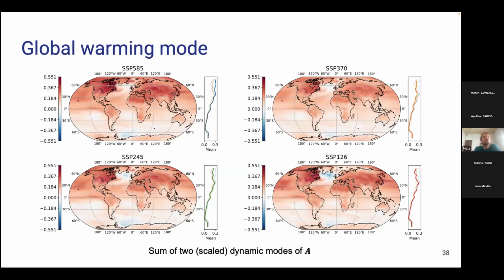Here we're looking at the global warming mode. What ends up happening here is that you have 2 scaled dynamic modes of A. So we plot the dynamic modes of A, and then we scale them. I didn't want to get into the details of scaled dynamic modes for the sake of this presentation, but this is essentially a correction of the sign of the dynamic modes in order to be able to visualize them correctly.